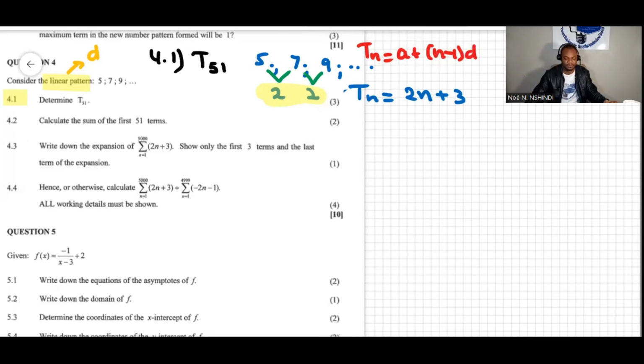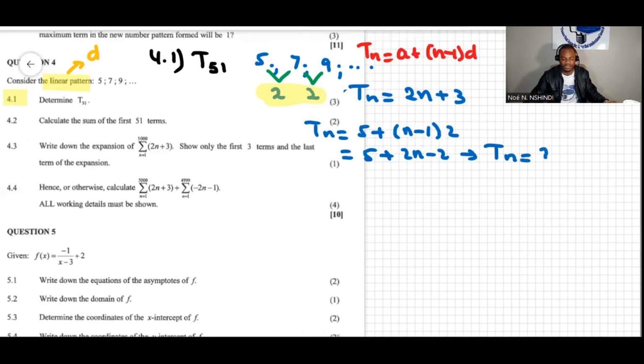You substitute the values: Tn will be equal to a, the first term, which is 5, plus open bracket n minus 1 times 2. And this will be 5 plus 2n minus 2. And then that will make Tn equal to 2n, 5 minus 2 is 3, so plus 3. Now T51 is when we are going to sub in the value of 51 wherever we see n.